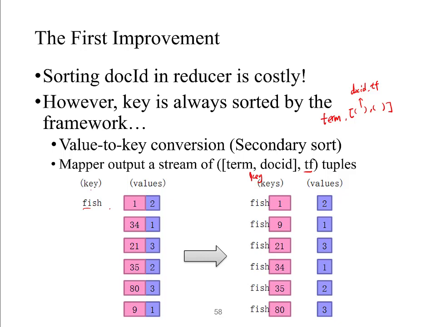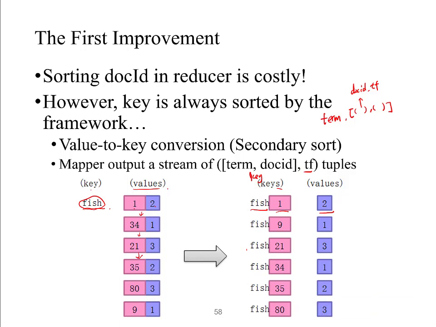Before, the key is the term and the values are a list of document ID and TF pairs. But now, let's say the tuples turn from 1 to 6. Before it's 1 tuple. Now it's 6 tuples, where the keys are terms and document IDs, and the values are the term frequencies.